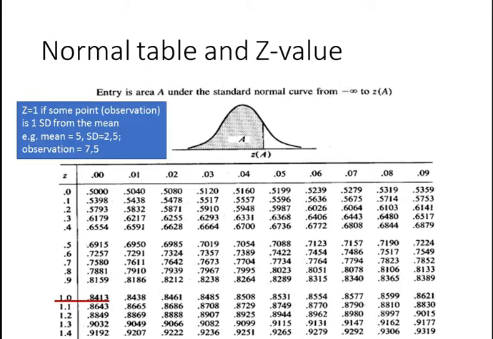So the question is, what's the area to the right from point Z when Z equals 1? Z equals 1 means that our observation is one standard deviation above the mean. In our table we will find A, capital A, or area that corresponds to Z equals 1.